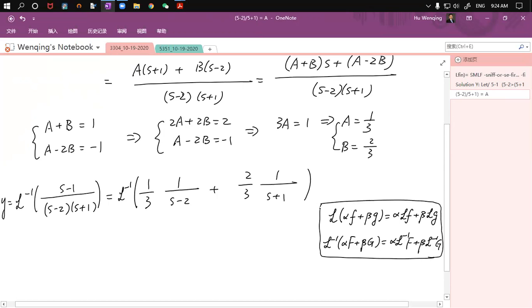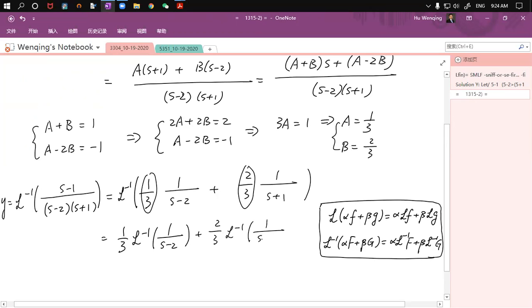As long as you have the linearity, you're able to pull these constants out. So that's going to be 1/3 of the inverse Laplace transform of 1 over s minus 2 plus 2/3 of the inverse Laplace transform of 1 over s plus 1. Is that good for everybody? So you can decompose everything into linear combinations, and now you have a much better situation than before.